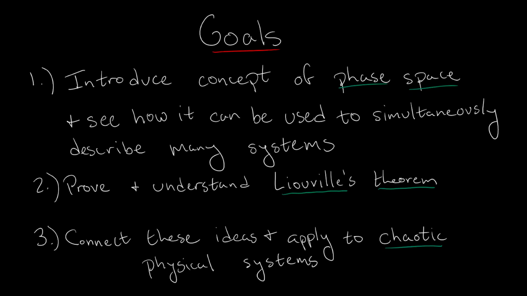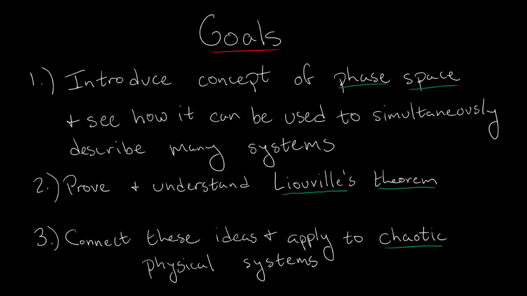So looking at a spread of systems isn't as helpful as in statistical mechanics, where you have a probability distribution of the starting points that you could have, for example. That's just something to keep in mind while we're talking about this, and why this talk of phase space might be important.